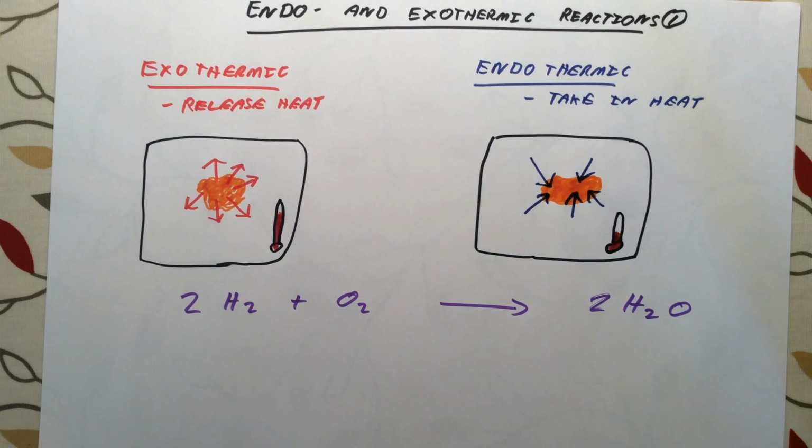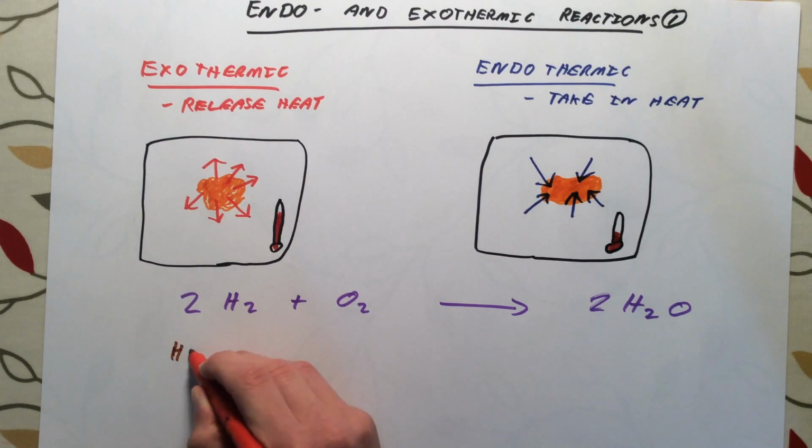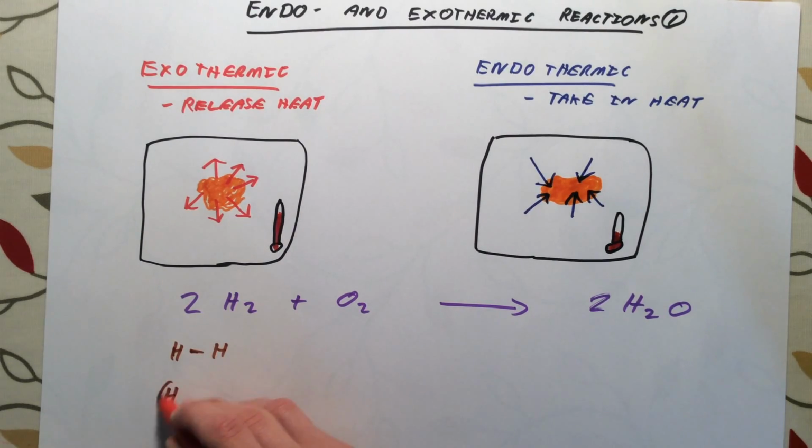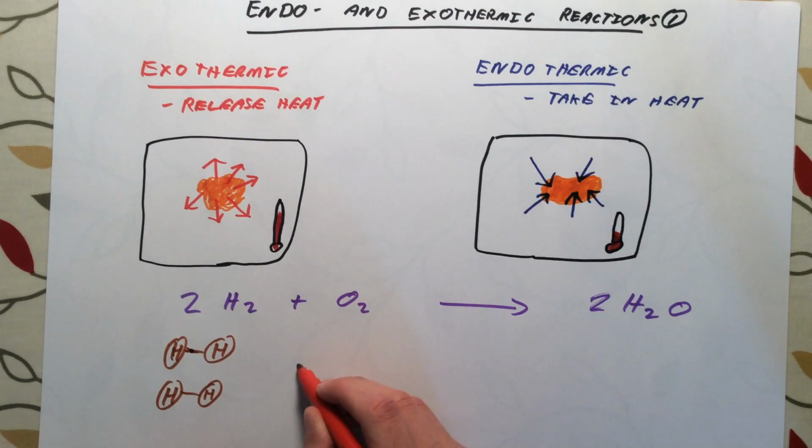So, in this reaction, I'm starting off with 2 molecules of hydrogen. Okay, and I'm just going to represent the hydrogen here as hydrogen atoms with a single line or single bond in between them. Oxygen actually has a double bond, but it's just got a chemical bond between it.